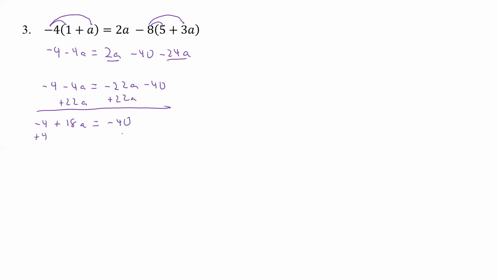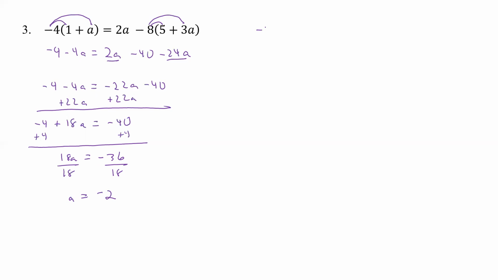Now we have to add 4 to both sides. We have 18a equals negative 36 divided by 18. And now a is equal to 36 divided by 18, which is 2, and it's negative, so we get a equals negative 2. All right, so now let's check.